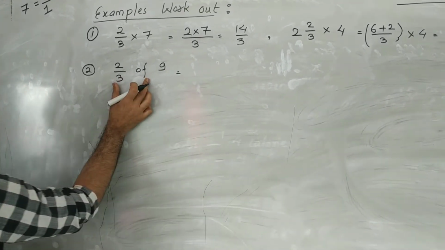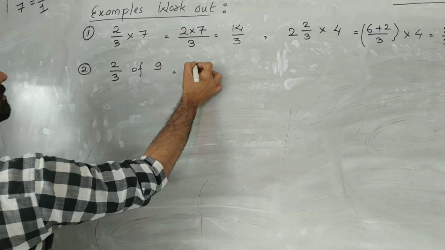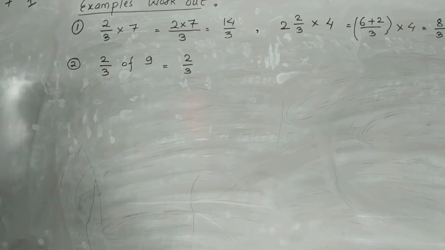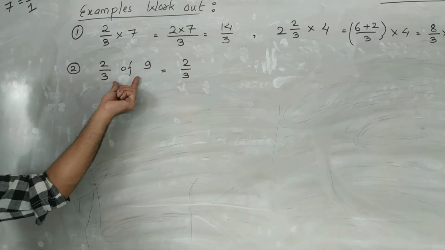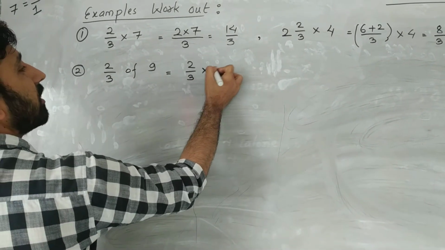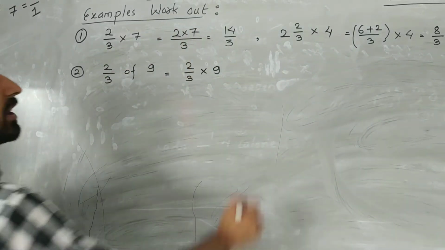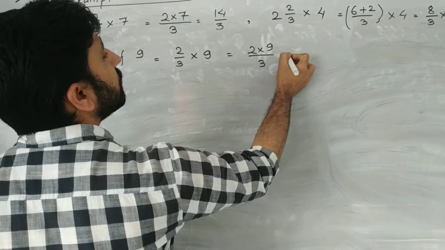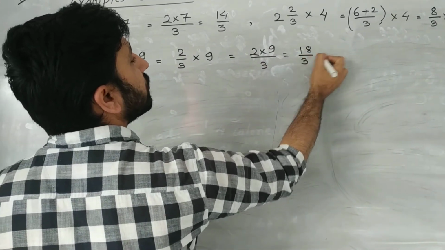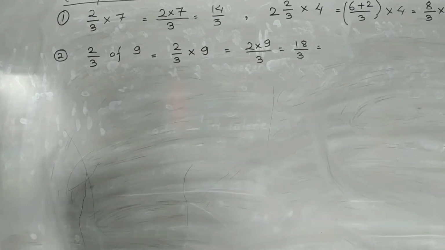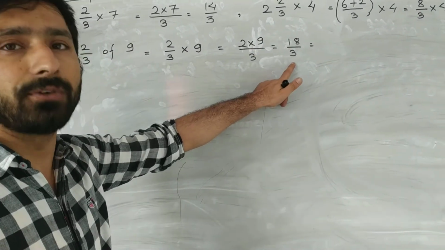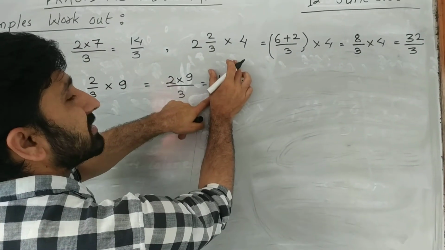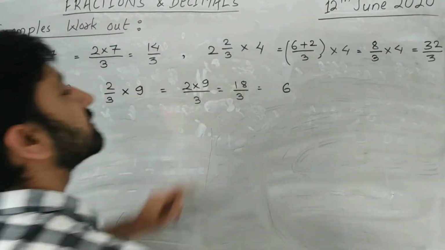While solving these kinds of problems, in the previous weeks we have studied the rule of Bodmas. Now 'of' represents multiplication. 2 by 3 of 9. Simply we can multiply 2 into 9 divided by 3, 18 divided by 3. If we can reduce this to the simplest form, just do it in rough. Here I know 3 6s are 18, that's why I can write 6.